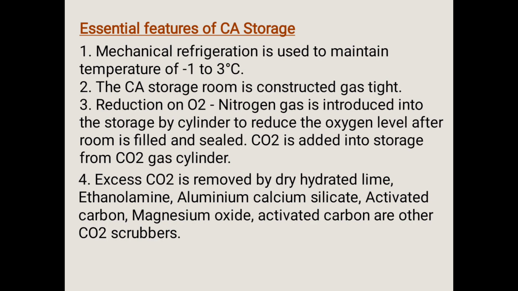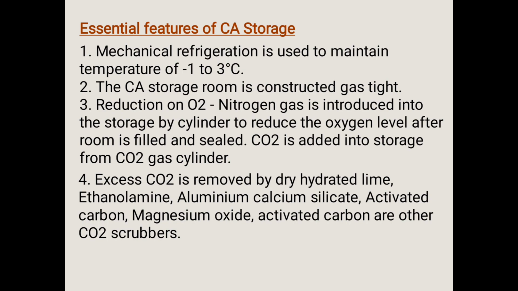Now, what are the essential features of CA storage? In CA we need a mechanical refrigerator, and a room which is constructed gas tight, and we need a reduction of O2. Nitrogen gas is introduced in storage by cylinder to reduce the oxygen level. After the room is filled and sealed, CO2 is added into the storage from a CO2 gas cylinder.